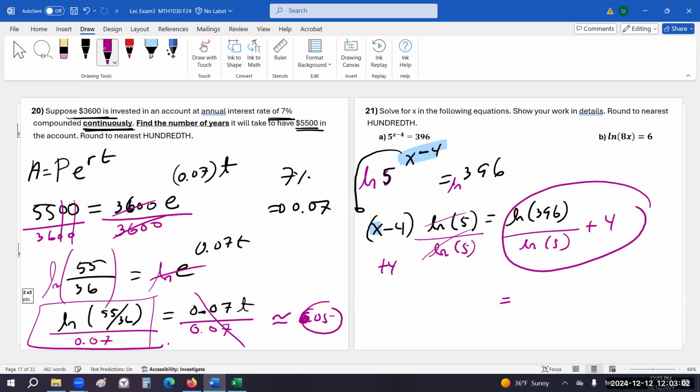And how much is that? 7.7. You don't have the same answer, right? What's the difference? Because I didn't write the parentheses, I just divided.